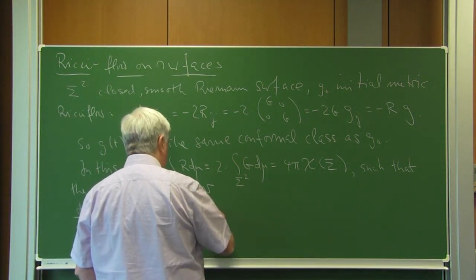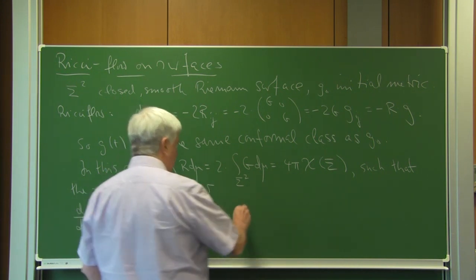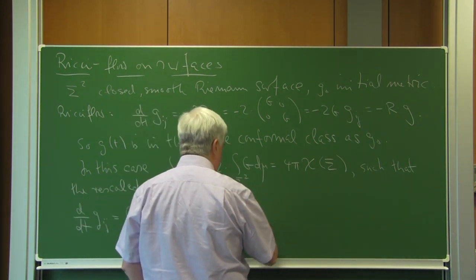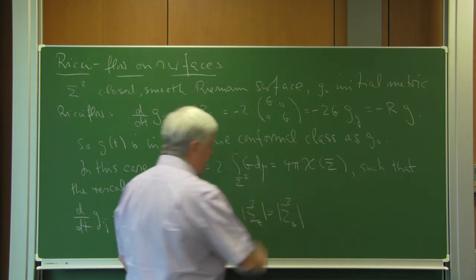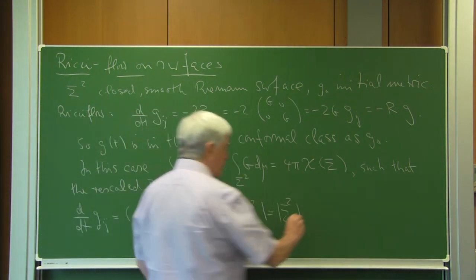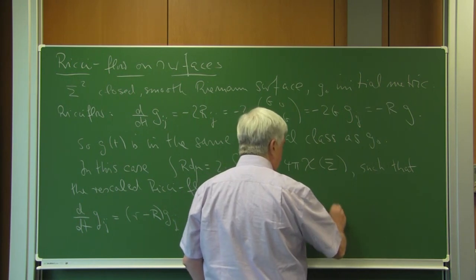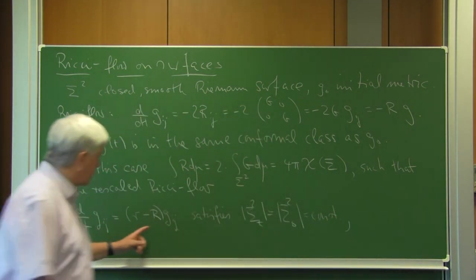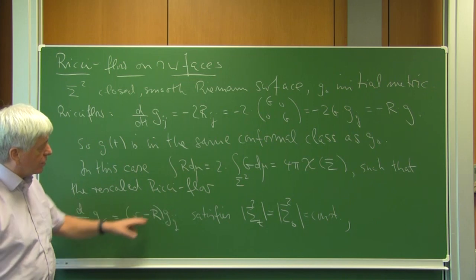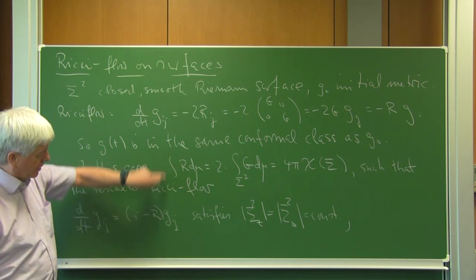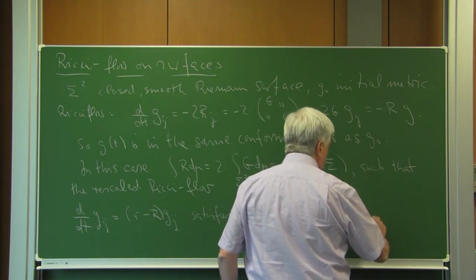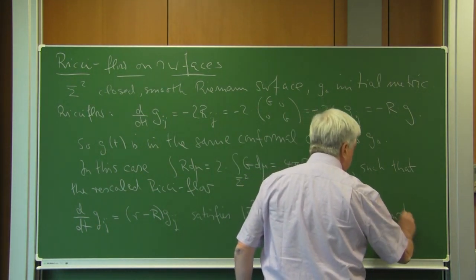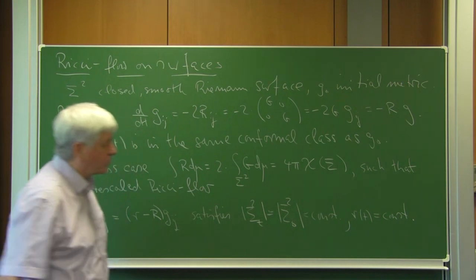Satisfies area of Sigma_t is the area of Sigma_0. The area doesn't change, it's constant. But in this case, also because the area is constant and the integral of K is constant, also little r is constant. Okay?